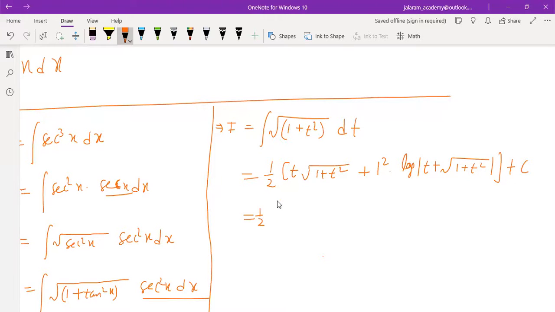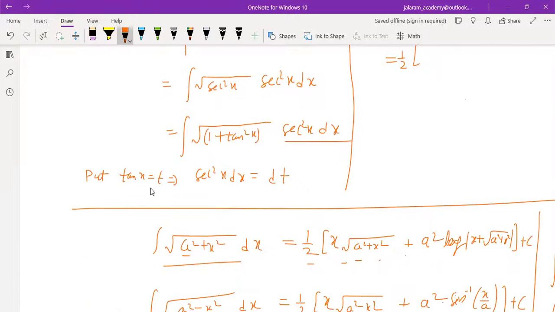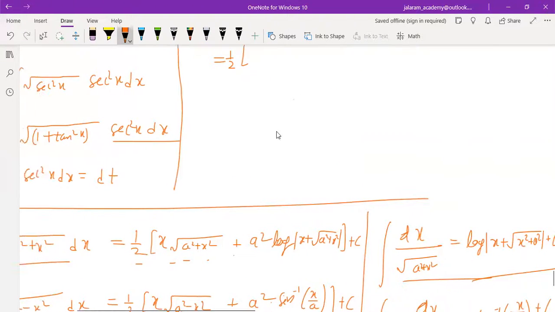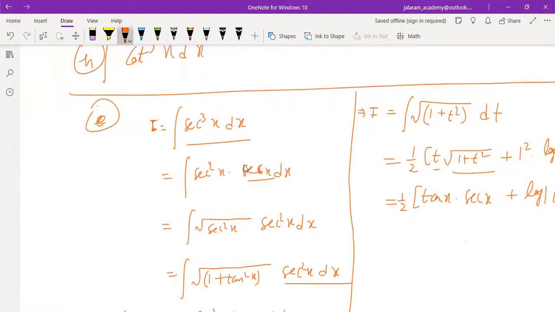So half value of t, in place of t we write tan x. Root 1 plus tan square x, we know that is sec x, plus log of t is tan x, plus root 1 plus t square means root 1 plus tan square x, this is under root sec square x, that is sec x only, plus c. So this is the integration of sec cube x.